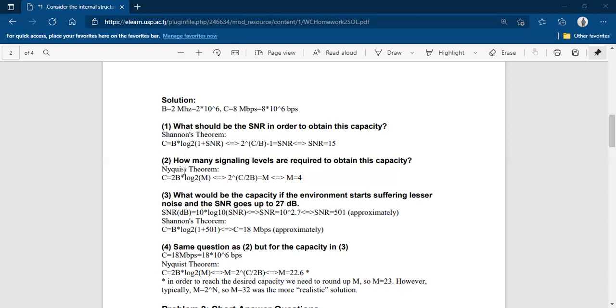Both theorems are there, so which one do you use, the first one or the second one? We use the first one, the Shannon's capacity theorem, because this involves the SNR value.